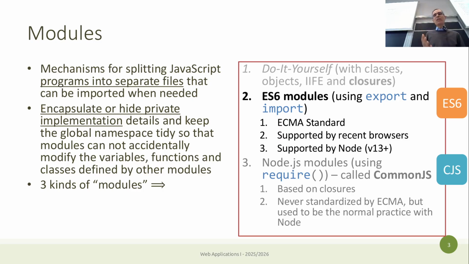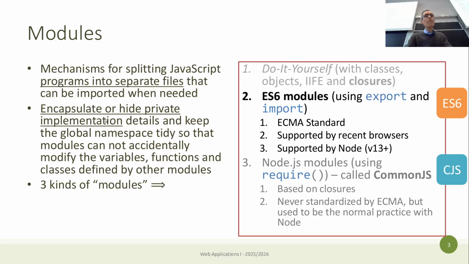So, over time, things evolved, and nowadays we have modules, which are a quite stable mechanism to split the program into separate files, and of course make the files communicate. Splitting is easy; making them communicate is the more difficult thing, and making them communicate in a clean way, without sharing global state, just sharing what is really needed.